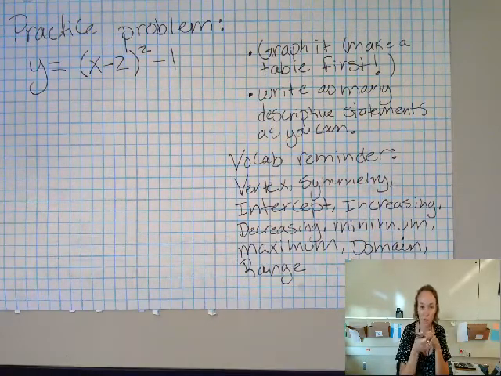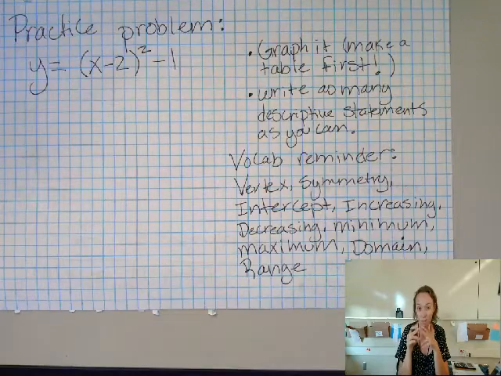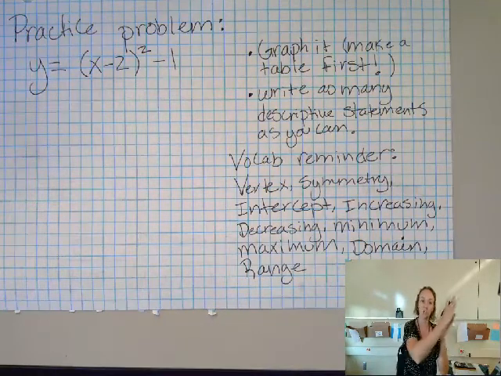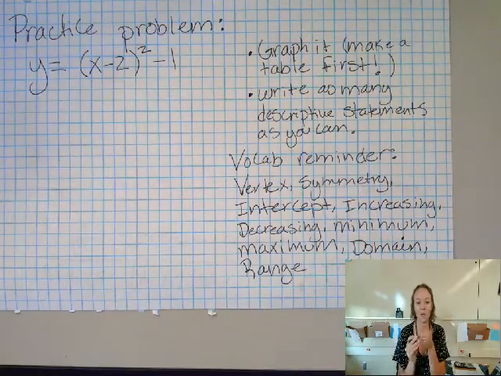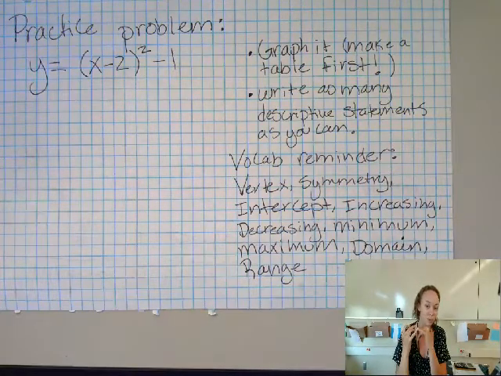And I've summarized all of our new vocabulary below. So we talked about the vertex, we've talked about symmetry, intercepts, both x and y, whether it is increasing or decreasing, right? You always judge that going from left to right. Whether there is a minimum value, a lowest possible point on the graph, or a maximum value, a highest possible point on the graph.